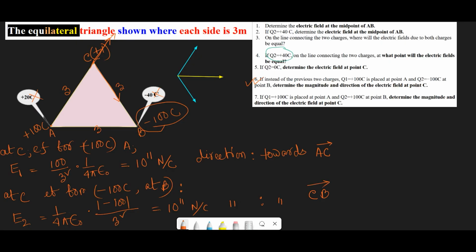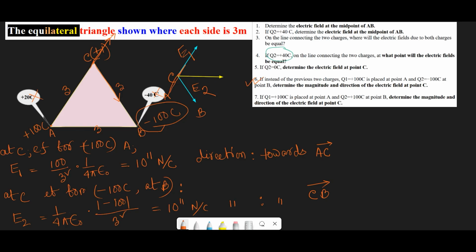So at this C point, the electric field E2, this one, is towards CB, and this one is towards this direction. This is E1 and this is E2, and if we could write down A, this will be towards AC.